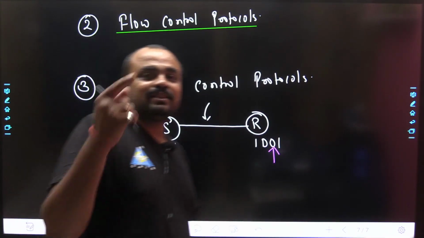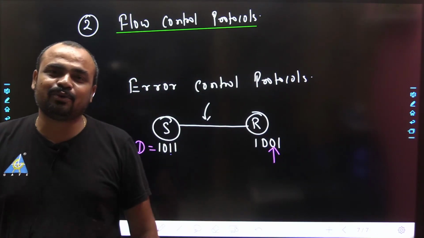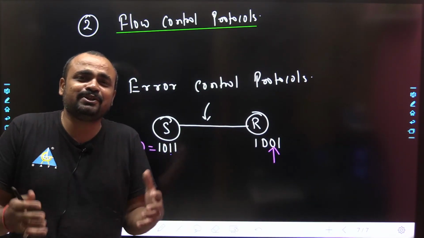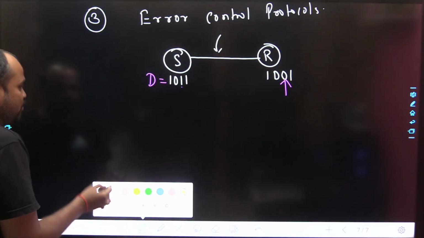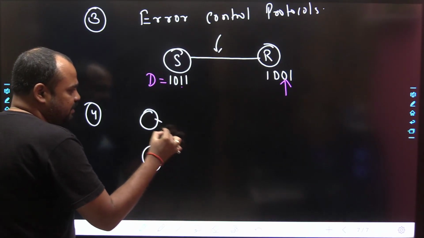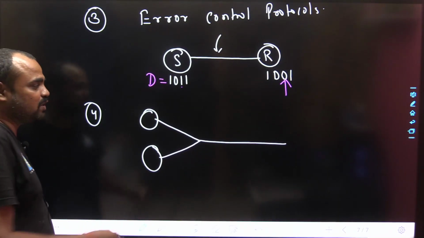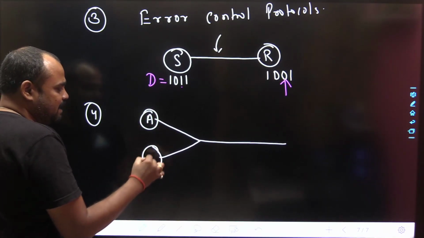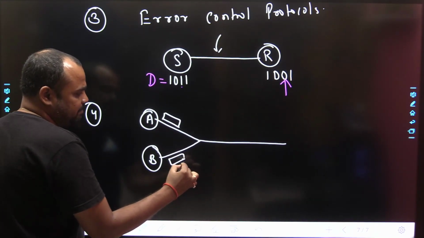Okay. So the last topic is the media access control protocol. What is the meaning of media access control? I have already given you the best example. If multiple nodes are trying to access the common medium, there is a chance of collision. Suppose node A and B are sending their data frames at the same time to the common medium.